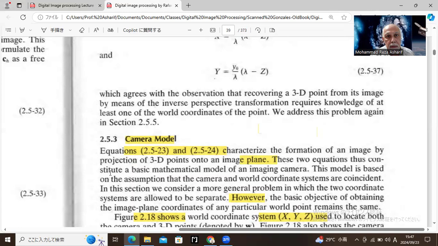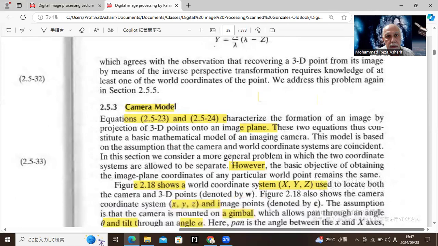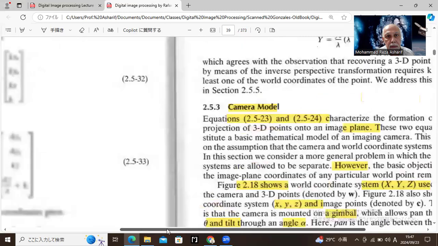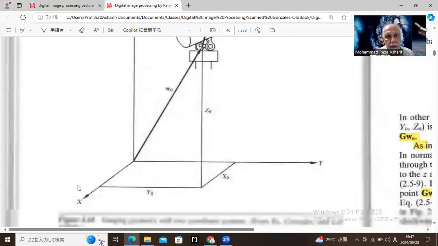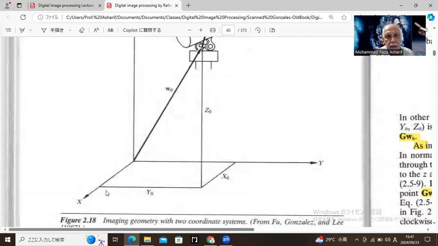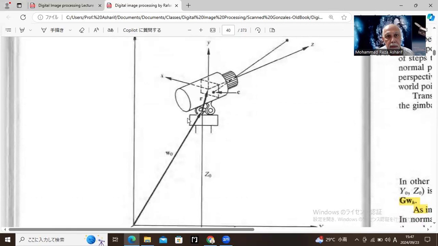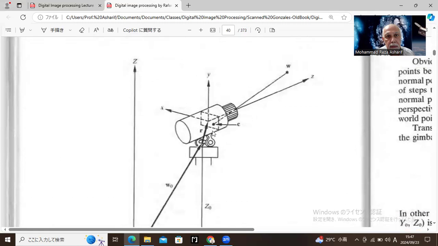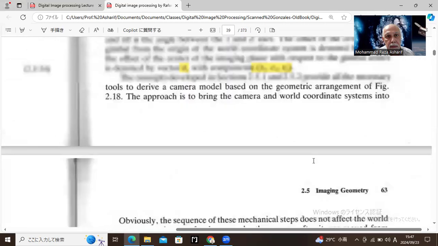In the sense of figure 28, here in this figure we have the world coordinate, large X, Y, Z, and the camera coordinate, which is x0, y0, z0, or small x, y, z, and they are not corresponding.